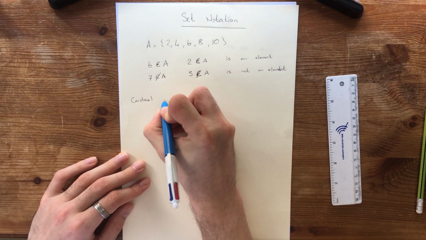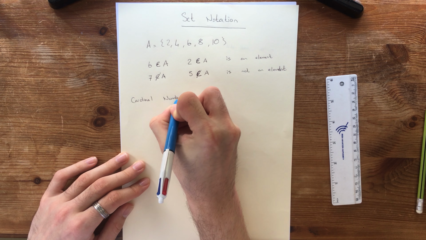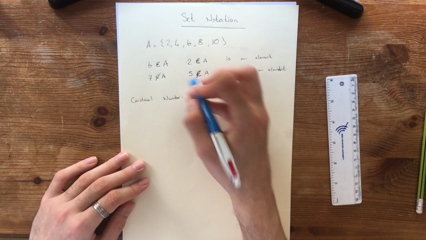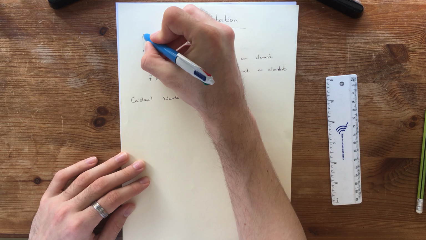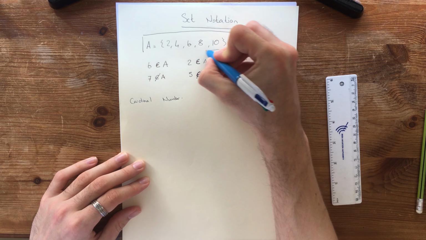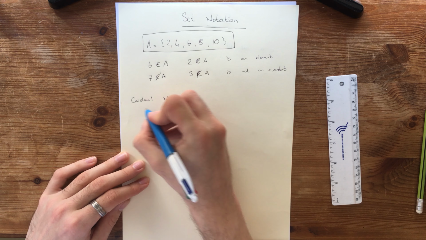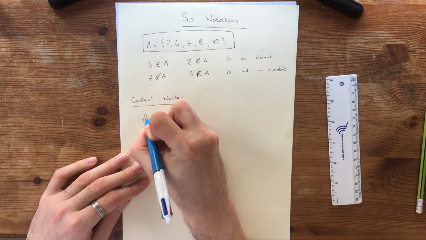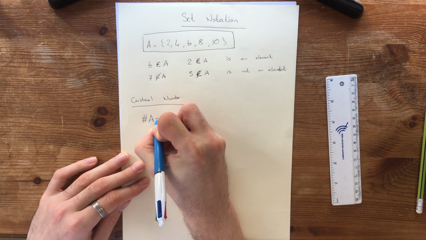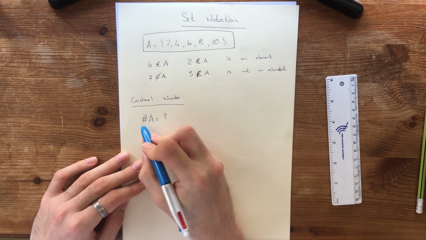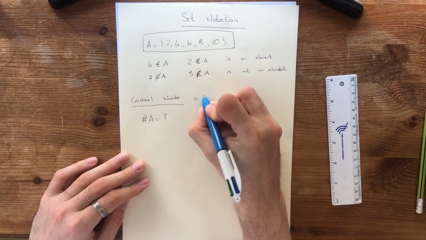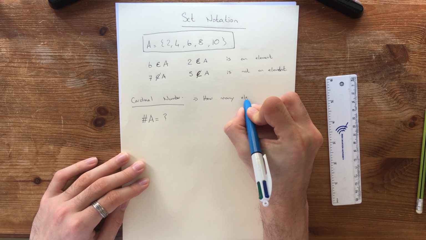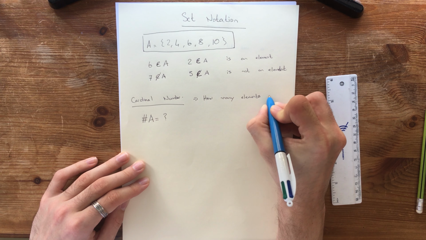The next one that we're going to look at is cardinal number. So there's our set A, we're going to keep using this set because it's a nice, easy one that we can remember. And I wanted to find out what the cardinal number of A, or this hashtag A, equals. Cardinal number just means how many elements are in a set.